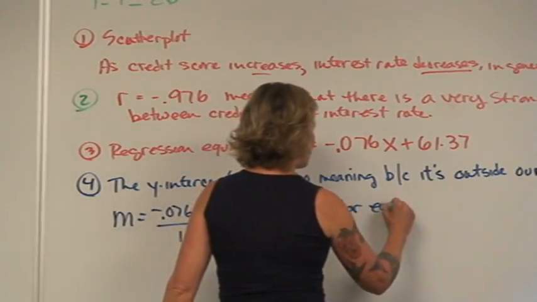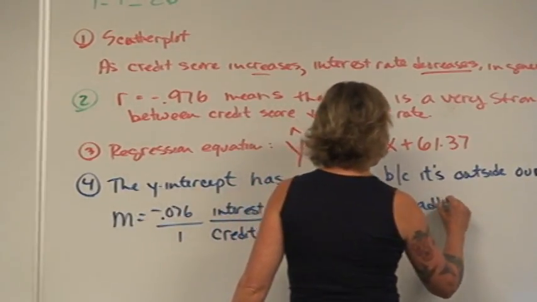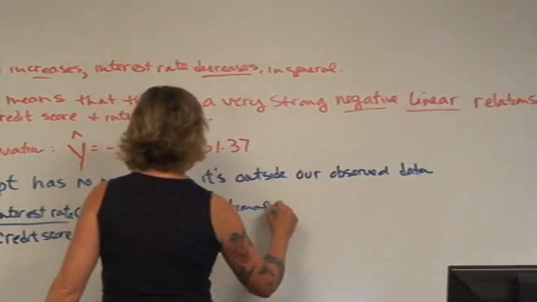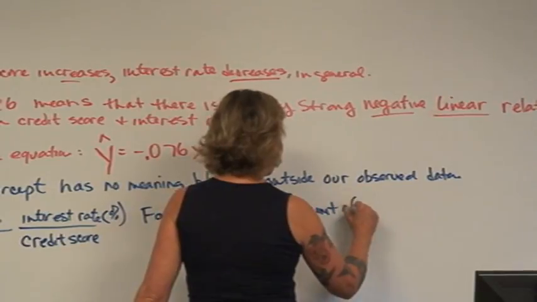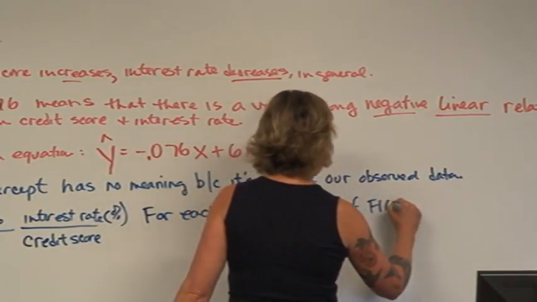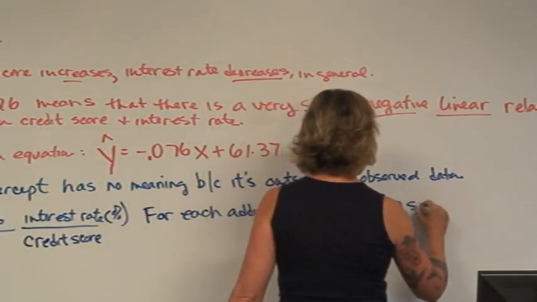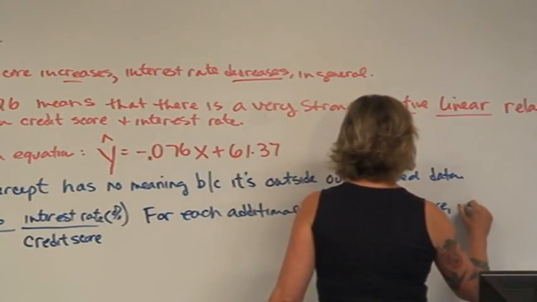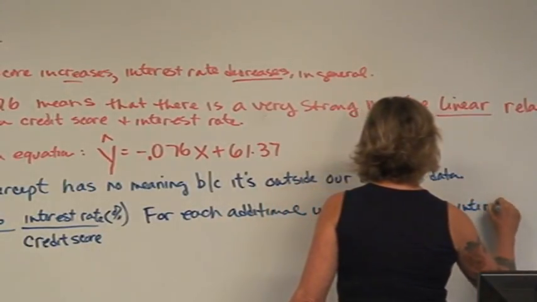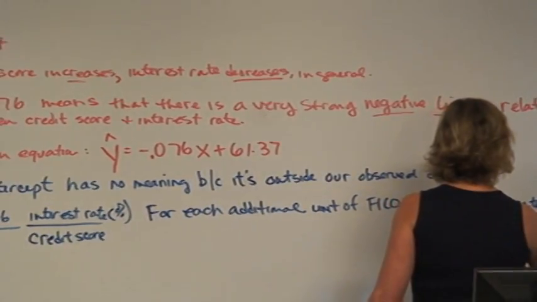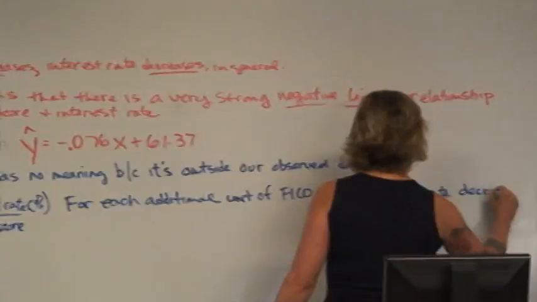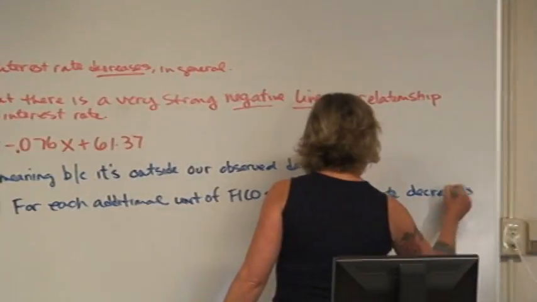For each additional unit of FICO score, your interest rate decreases. Why does it decrease? Because the slope is negative.